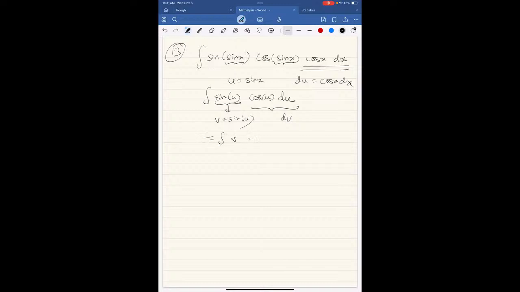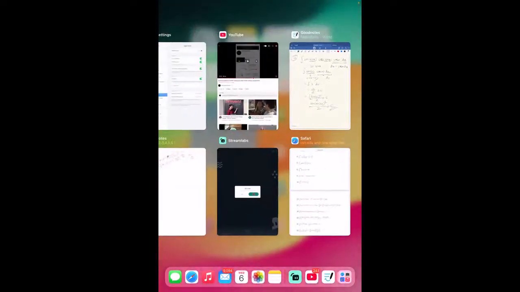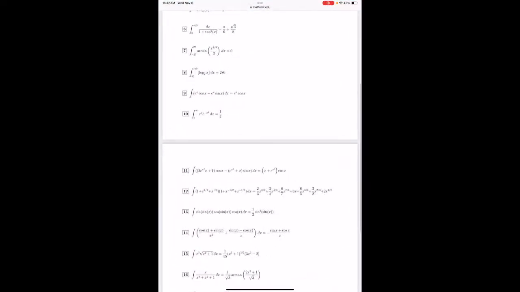So this is v dv. Now this is just v square by 2 plus c. And we know that v is just sine u. So this is sine u square by 2 plus c. Again, u is just sine x. So this is sine of x square by 2 plus c. And that is the answer. Yeah, that's the answer.